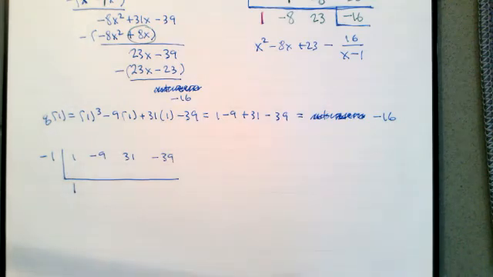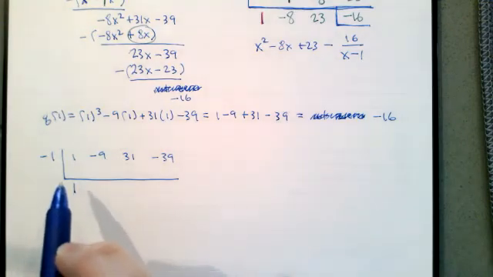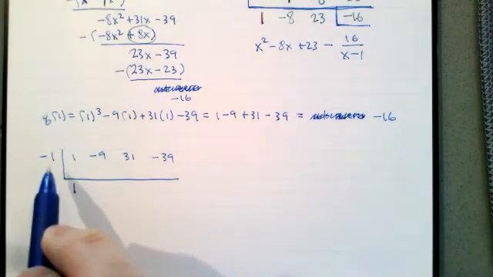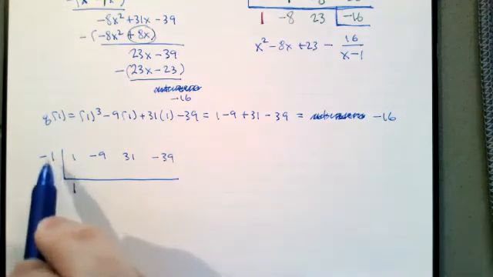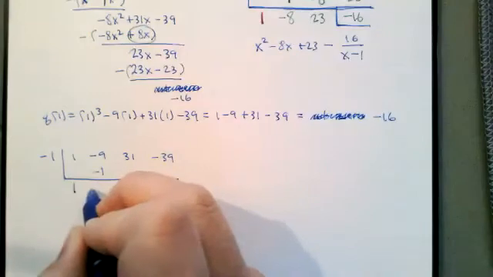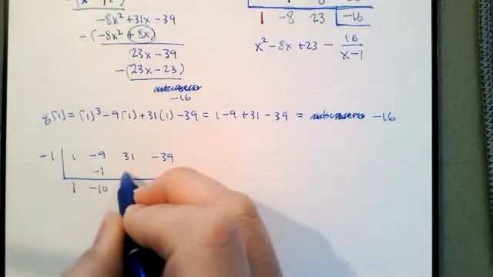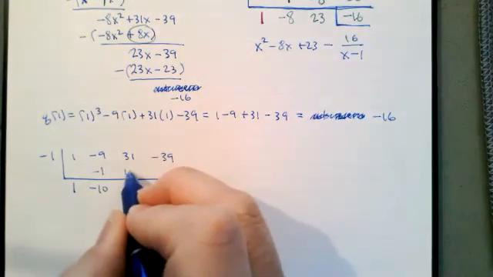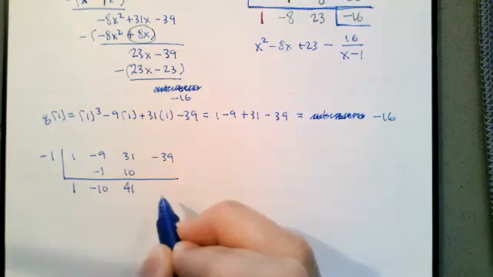So we're going to do our synthetic division. This works because we're now dividing by x plus 1, so we're plugging in a -1. -1 times 1 is -1. Then we get -10. Then -1 times -10 is +10, and that gives a 41.